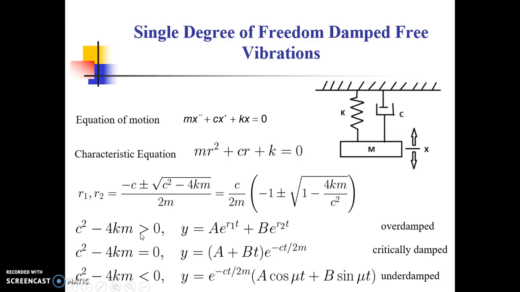Now in general, every vibratory system which has viscous damping gets categorized as an over damped, critically damped or under damped system.